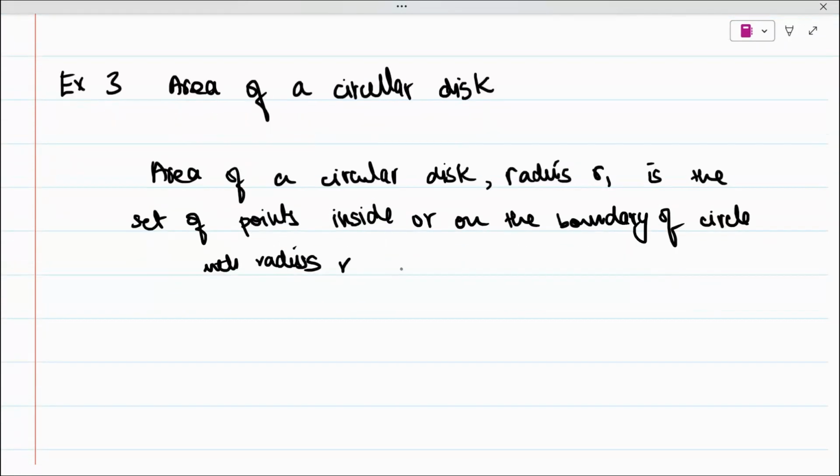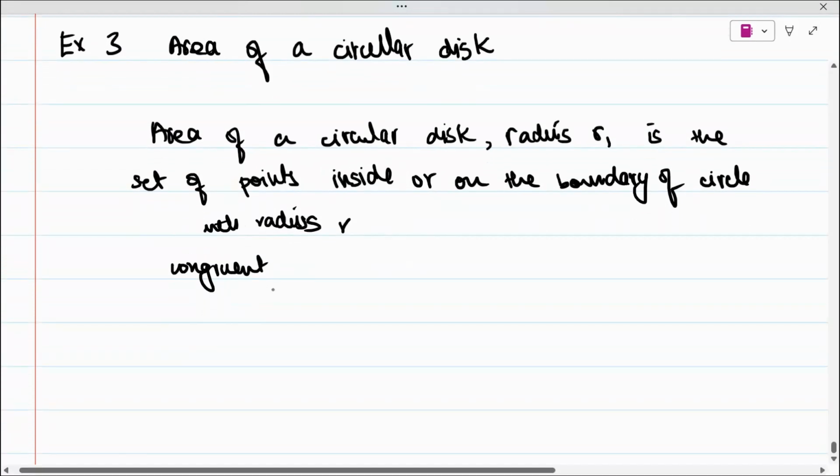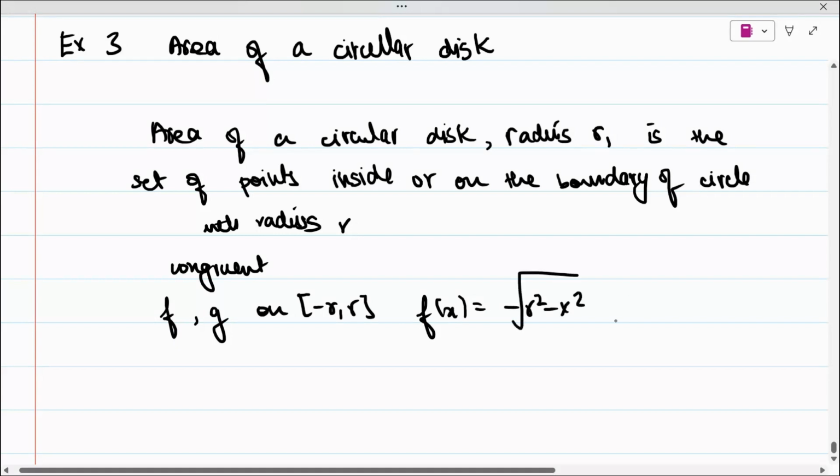Now that area is equal to the area between two graphs that are congruent. That means that area is equal to this area, with respect to the region between two functions f and g defined on the interval minus r to r, with f of x equals minus the square root of r squared minus x squared, and g of x equal to the square root of r squared minus x squared.